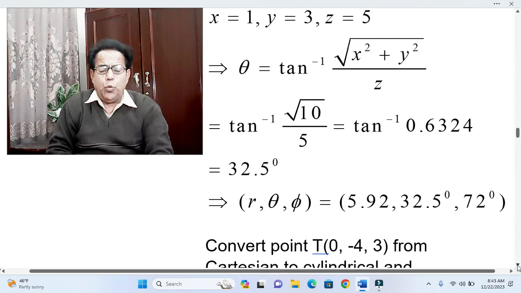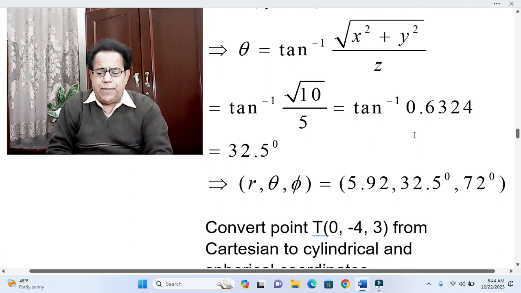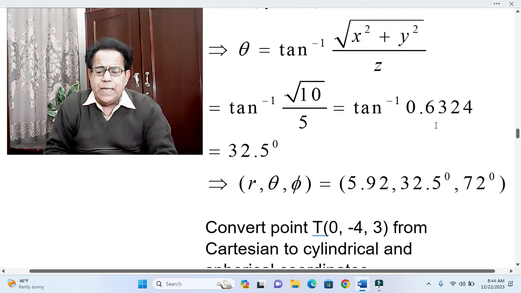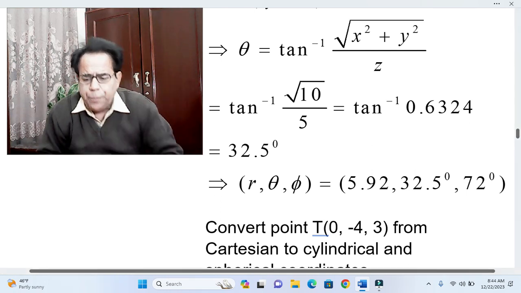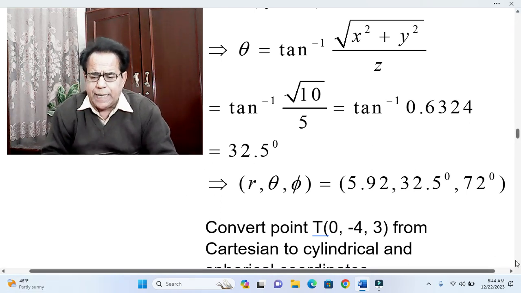Actually, this value, that is 0.63, falls in between 32 and 33 degree. So we have taken it in between, that is, we have taken 32.5 degree. This implies that r, theta, phi becomes equal to 5.92, 32.5 degree and 72 degree.